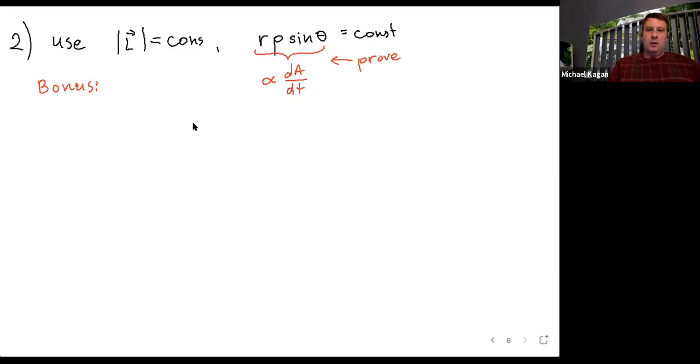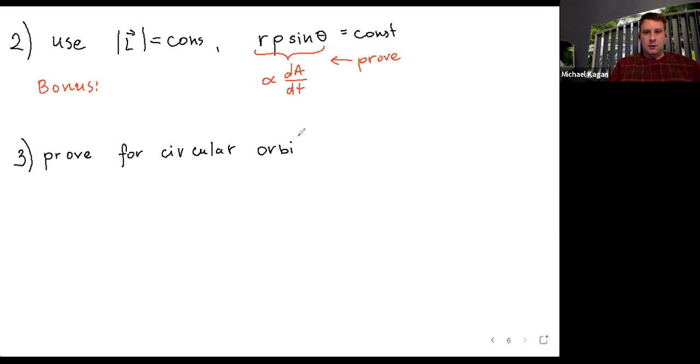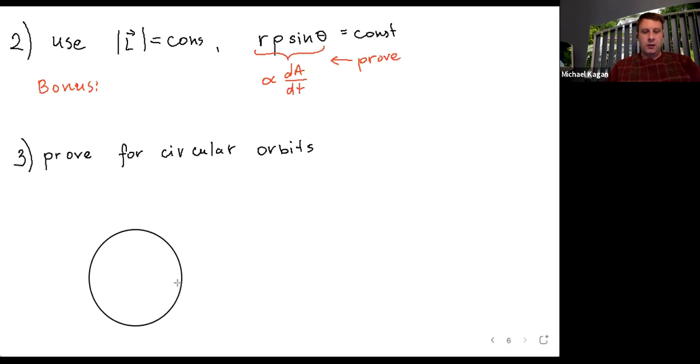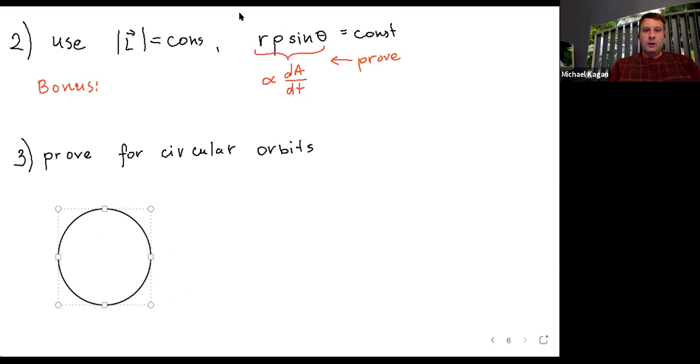Now, third law, for now we'll just prove it for circular orbits. We're not ready to do elliptical yet. Imagine that, it works pretty well for Earth, for example.